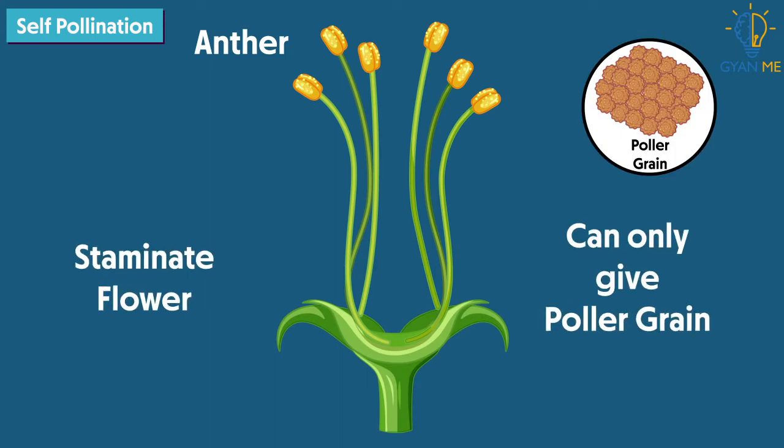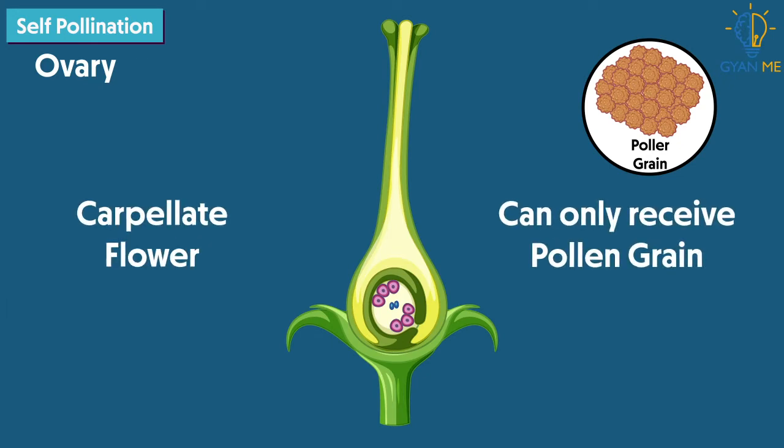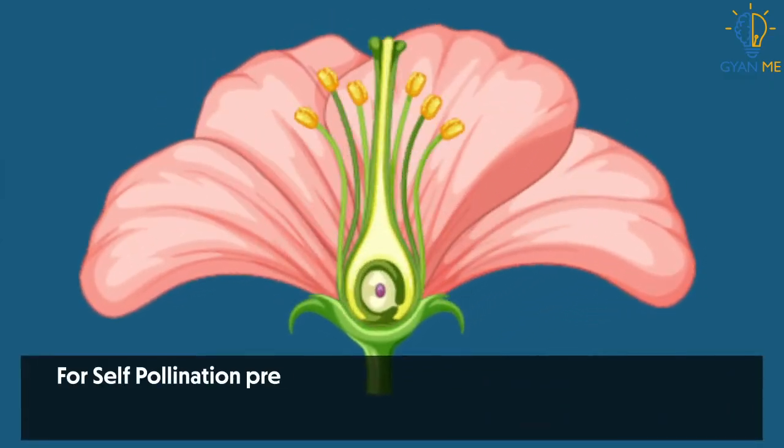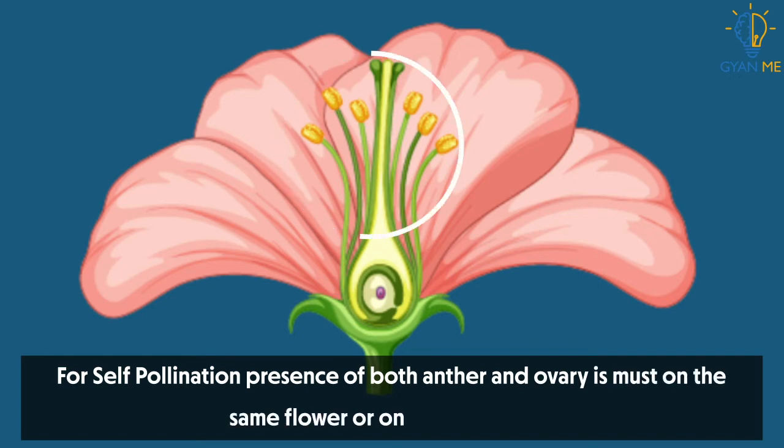If there is only one reproductive organ, say anther, then flower will be able to only give pollen grain. And if there is only an ovary present, then flower can only receive pollen grain. Thus, for self-pollination, presence of both anther and ovary is must on the same flower.